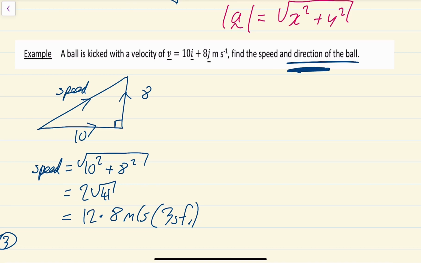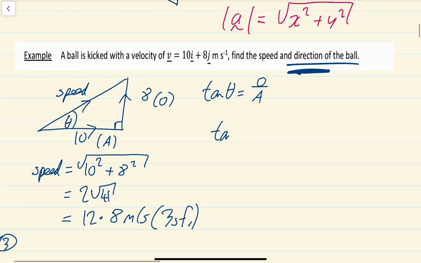Okay, right. They also wanted me to do the direction of the ball. So there we had our theta. So the direction of the ball then, we're going to just say tan of theta, because this is your opposite and this is your adjacent. So tan is equal to your opposite over adjacent. Remember, I'll just put that in. That means tan of theta is equal to 8 over 10.